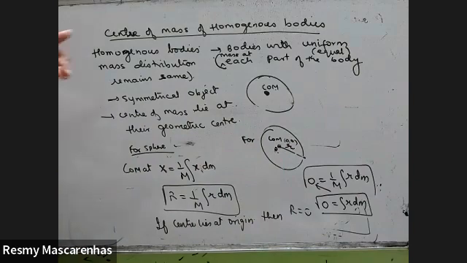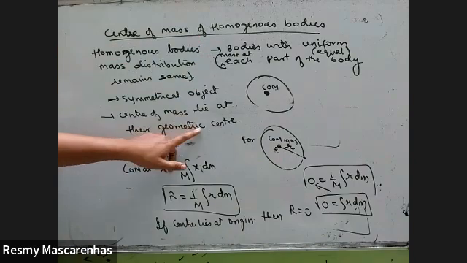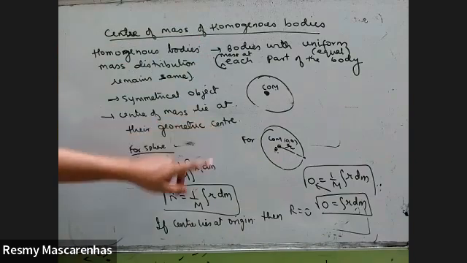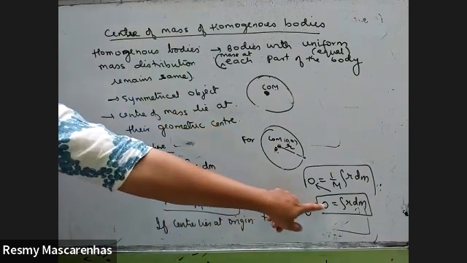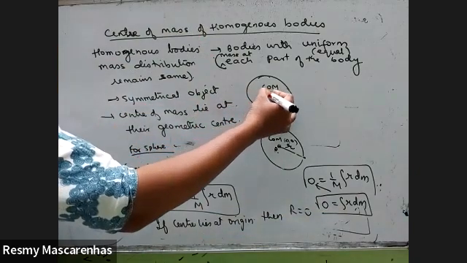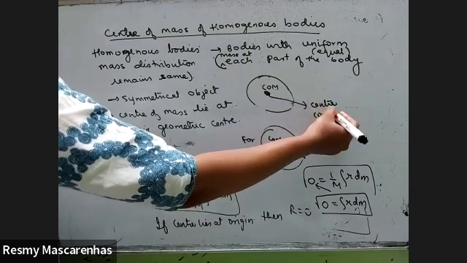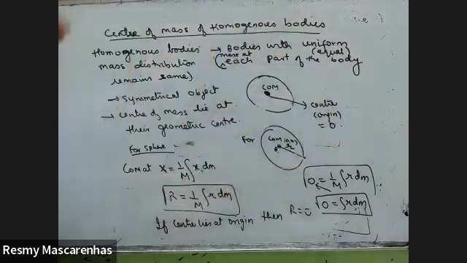So remember, the center of mass of a homogeneous body always lies at its center, and if the center is at the origin, then the center of mass will be 0.